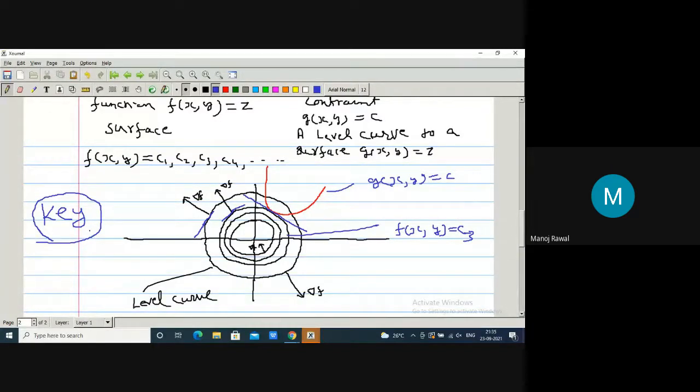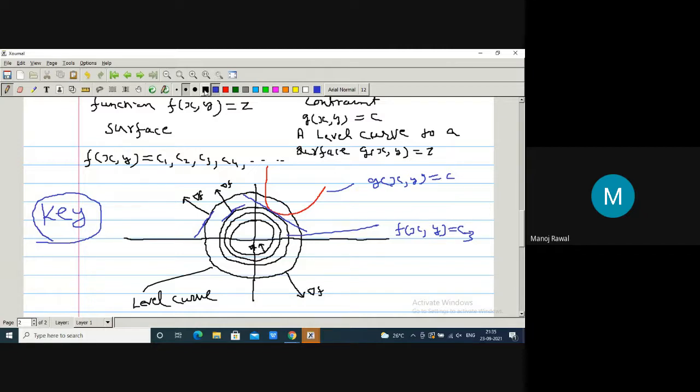Same direction में जाने का मतलब है scalar multiple of the other. Do you agree or not, students? This is my Lagrange multiplier. At this point, wherever this situation occurs, you will get either maxima or minima. This is the conclusion, students.